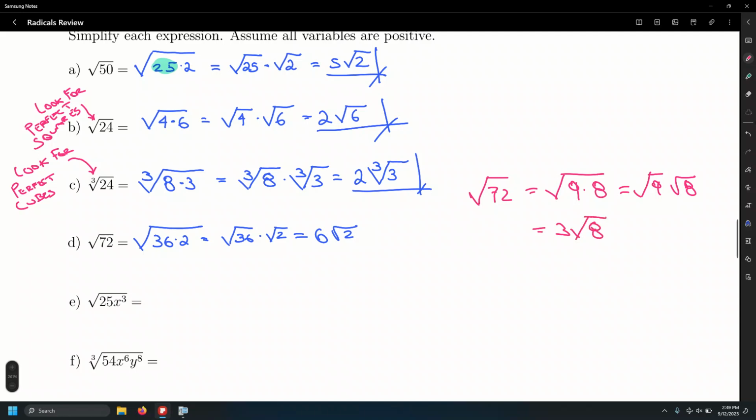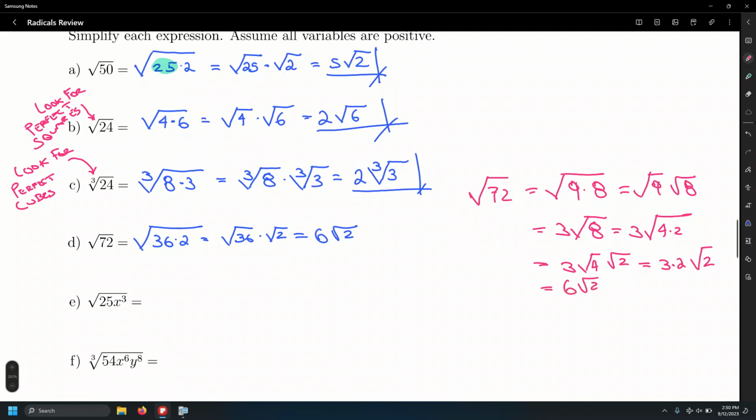However, this square root of 8 can be further simplified. 3 root of 4 times 2, which equals 3 root of 4 times root of 2. And the square root of 4 equals 2, and root of 2, which equals 6 root of 2.